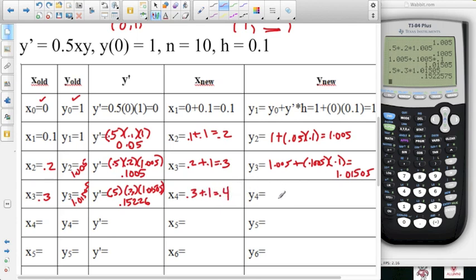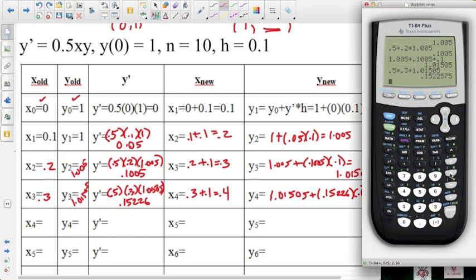And our y4 now is 1.01505 plus the slope, which is 0.15226, times the step, which is 0.1. And so that's, in fact, I'm going to do a little shortcut here because I have the slope right here. So I'm going to come back to the calculator and just go times 0.1, so I can take all the decimal places with me and not have to retype it.